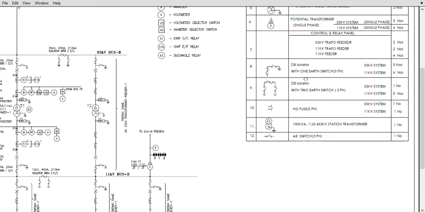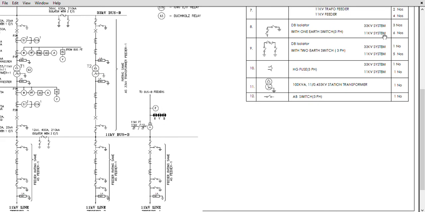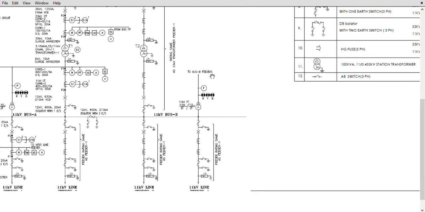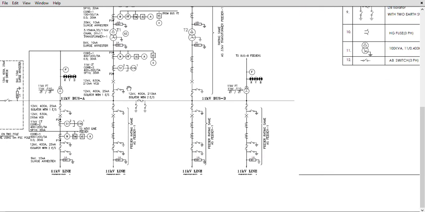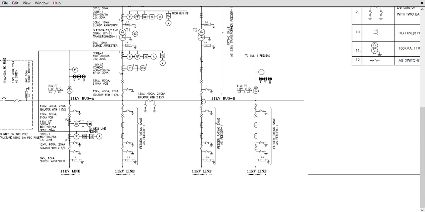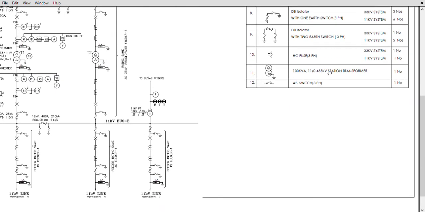Similarly, we have 11 kV isolators with earth switch. We have 6 numbers total. So we can identify here. Here we have 1 number, 2 numbers, and for each line we have 1. So 2 plus 4, total 6 numbers. Yes, it's matching.